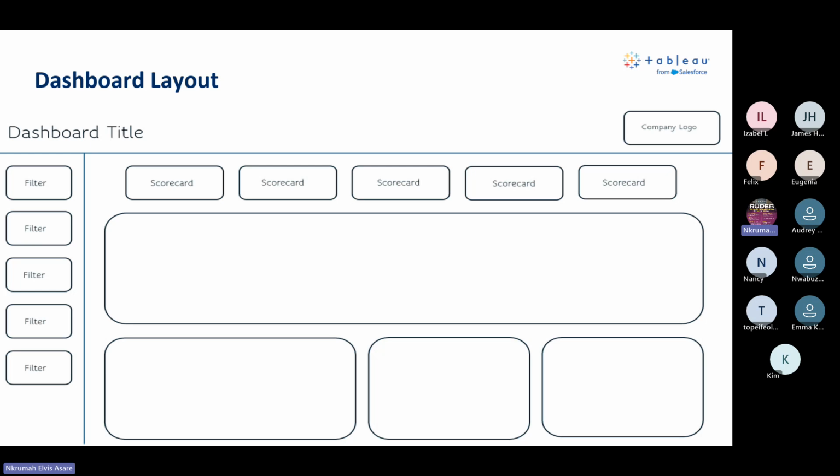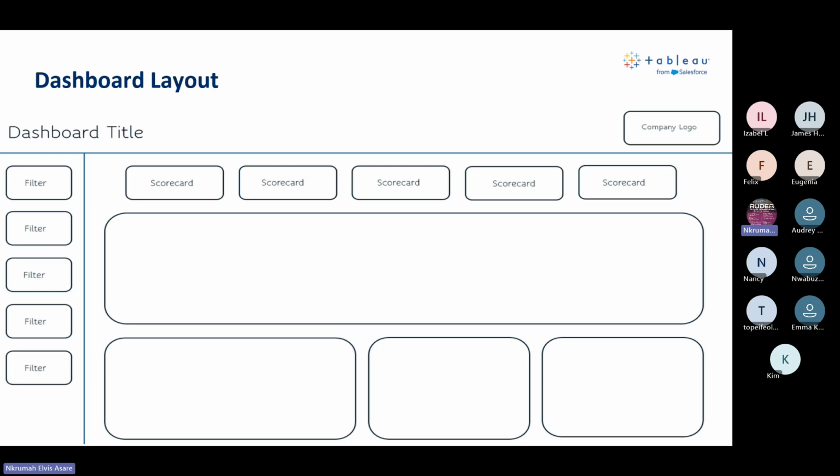If it's a banking system, the name of the bank with the logo is here, then what they are showing, for example a credit analysis dashboard, anything about money, they put it there. As a market research person, maybe I've done research on a particular survey. The dashboard title should be clear. The font should be bold so that people can see it very well. The font color too should be very clear with respect to the dashboard you are using. Aside from that, you place the company logo.